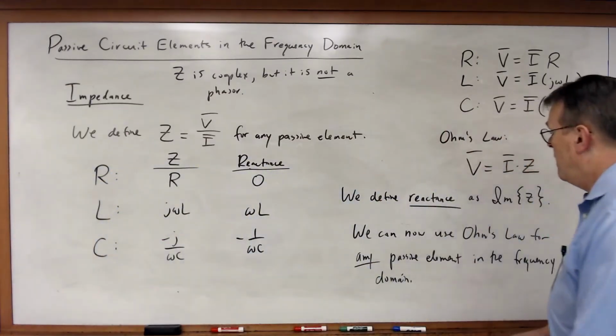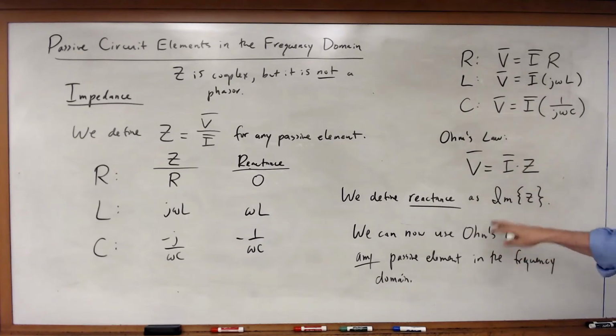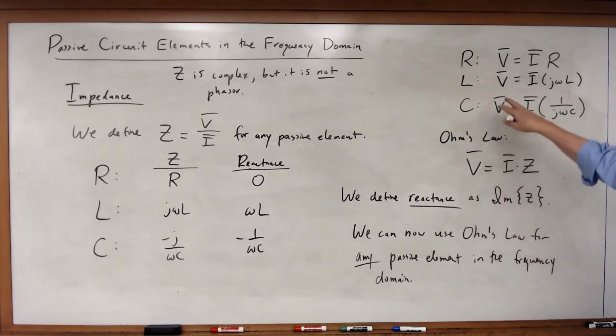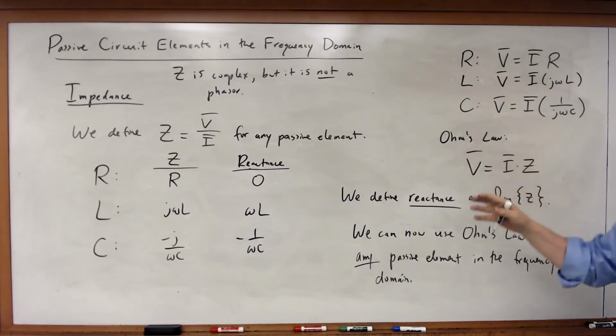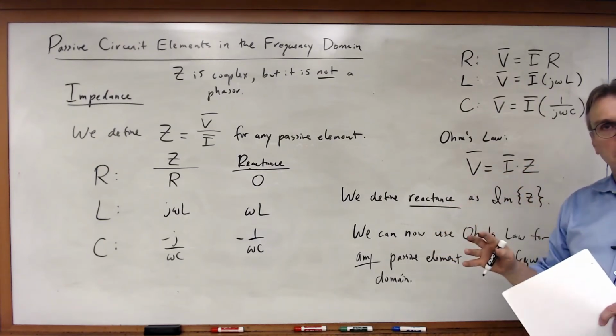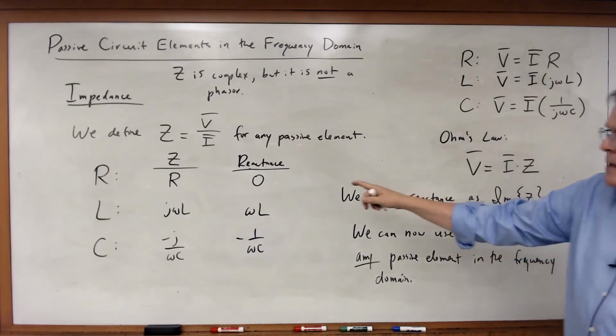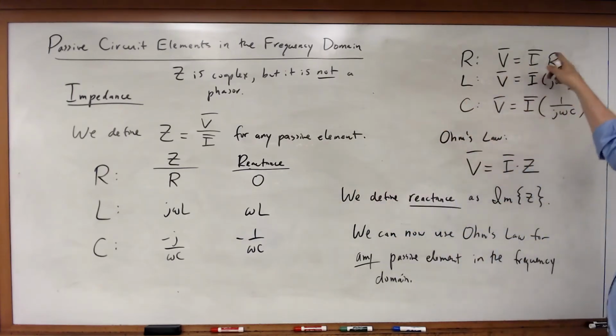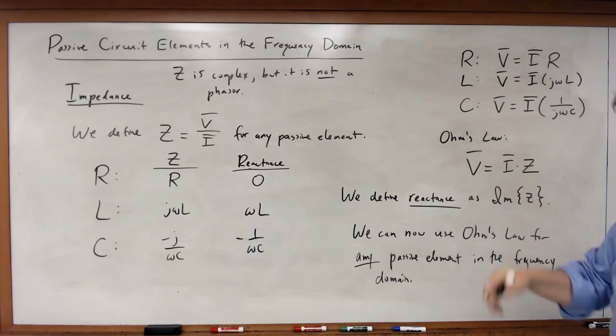Now, since we're applying Ohm's law and since we are defining impedances, we can also go through and consider how impedances combine in series and parallel. Well, since impedance seems to follow the form of resistance, we can easily show the following.